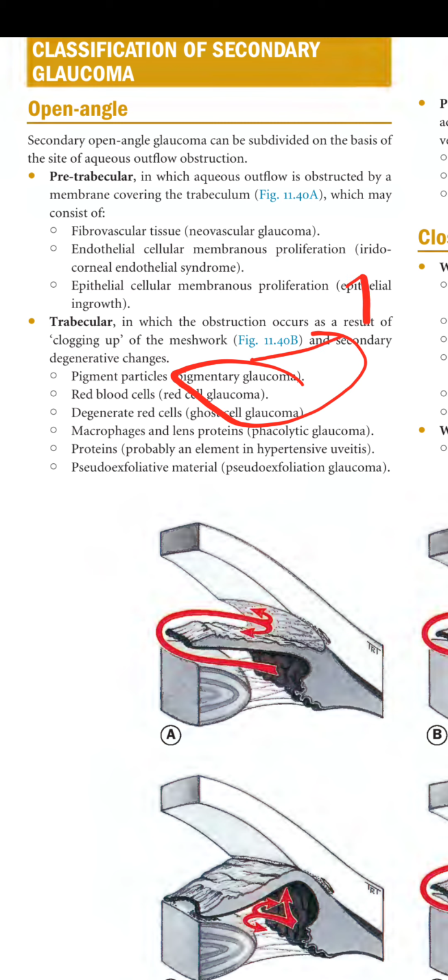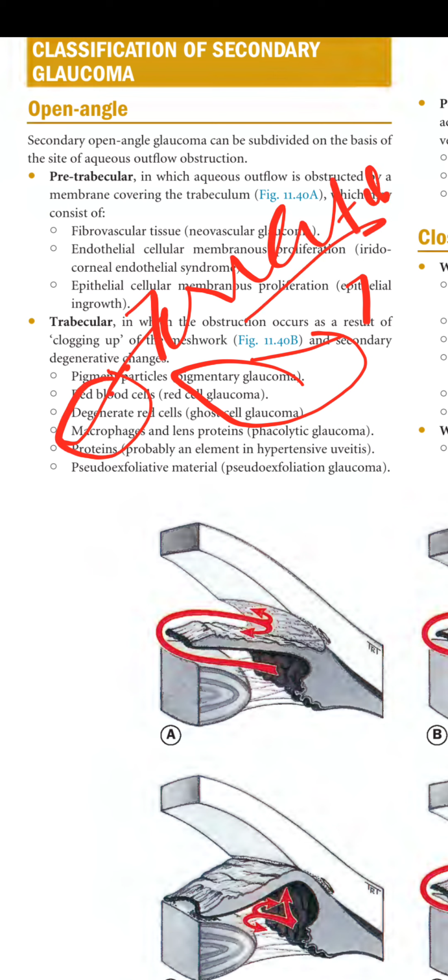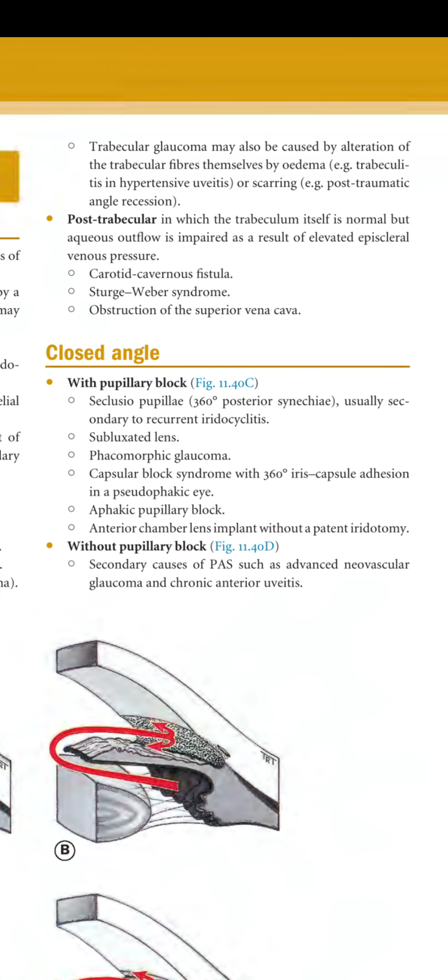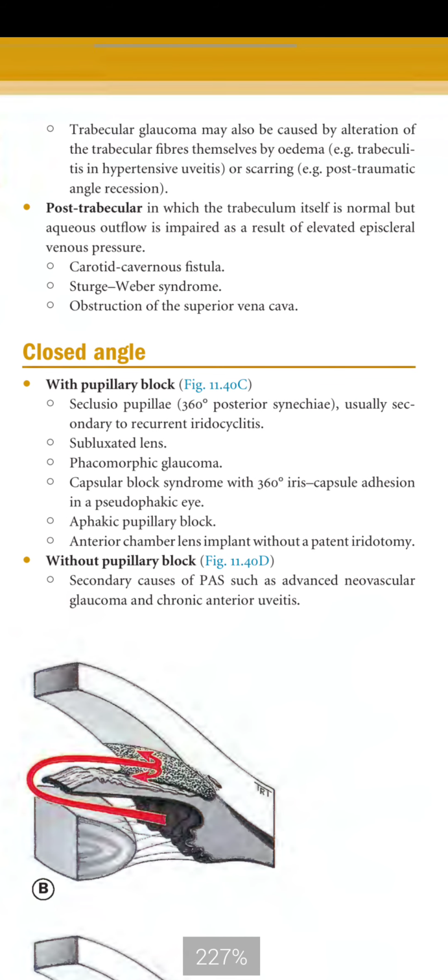Macrophages and lens protein cause phacolytic glaucoma. Protein is probably an element in hypertensive uveitis. Pseudoexfoliative: so basically those with uveitis having glaucoma, it is the proteins that are clogging up the trabecular meshwork. Pseudoexfoliative material, pseudoexfoliative glaucoma. Trabecular glaucoma may also be caused by alteration of the trabecular fibers themselves by edema, for example trabeculitis in hypertensive uveitis, or scarring, post-traumatic angle recession.